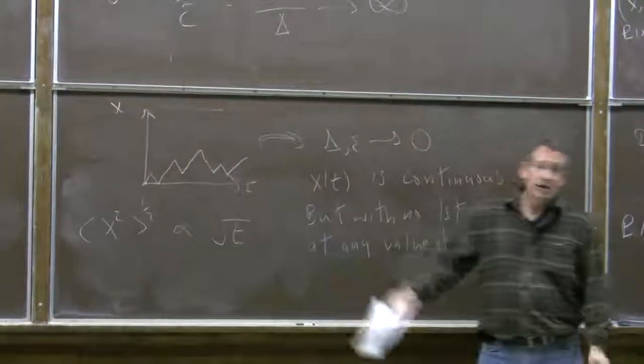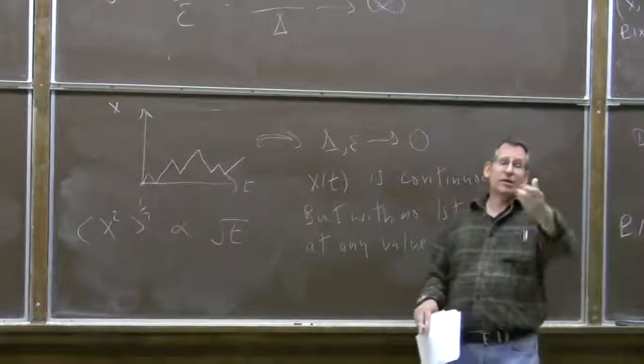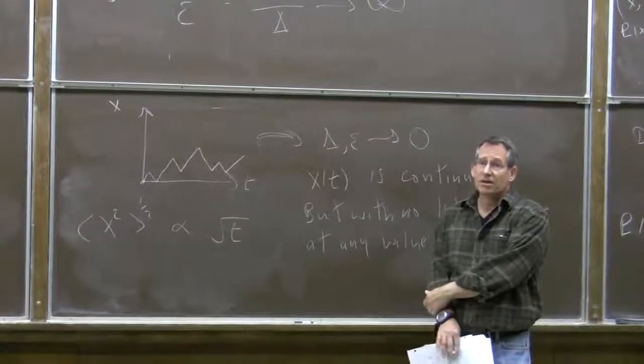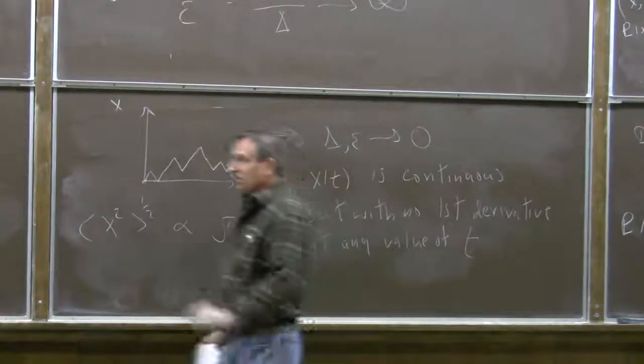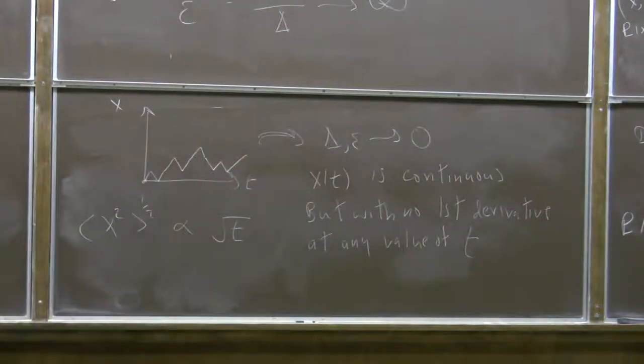So that is smooth as t goes to zero, but its first derivative is blowing up as t goes to zero. So if you look with a microscope at a diffusing particle with better and better resolution, it's always wiggling. You can't take a limit in which the resolution gets arbitrarily fine and becomes smooth.